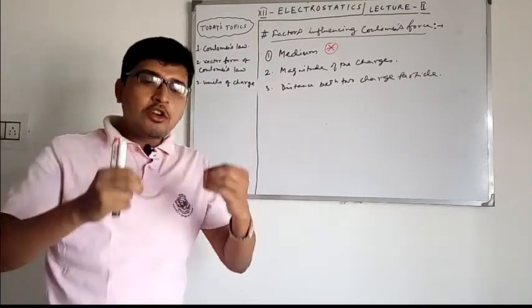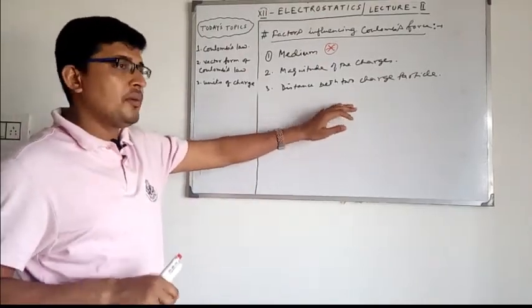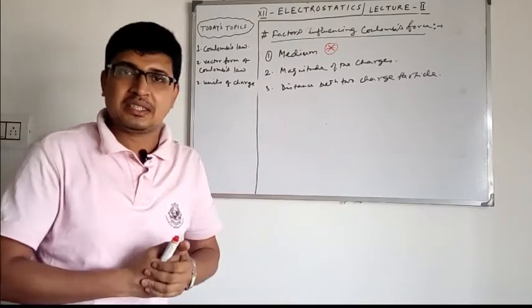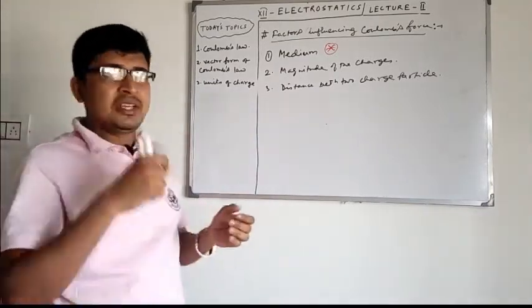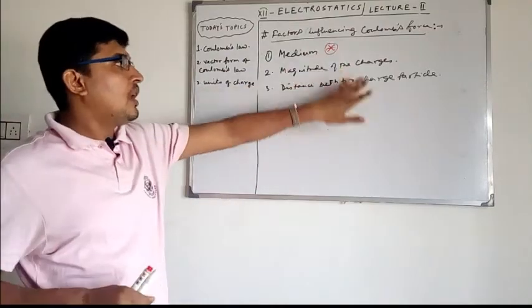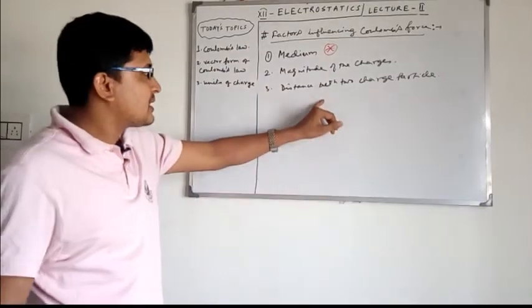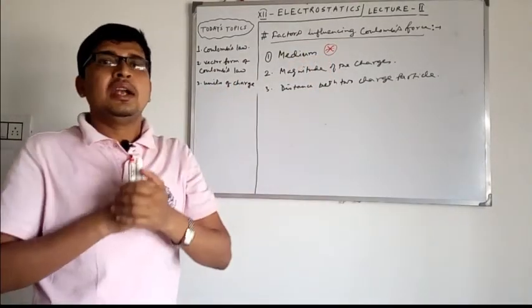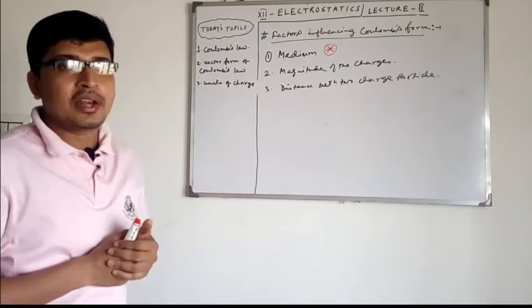But in case of Newton's law of gravitation, the force is only attractive. These are the two basic differences between Coulomb's law and Newton's law. आप यहाँ से एक छोटा सा क्वेश्चन भी लिख के रख सकते हो, what is the difference between Coulomb's law and Newton's law of gravitation.